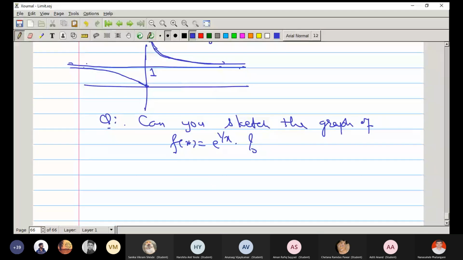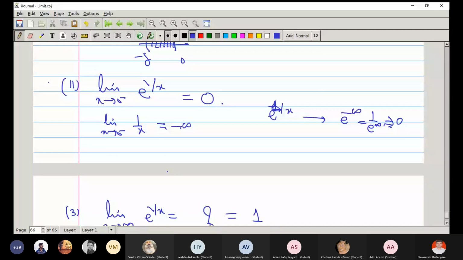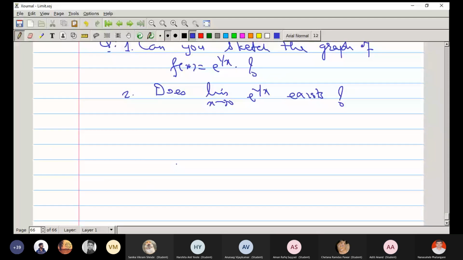Then the question I would like to ask is, does the limit as x tends to 0 of e raised to 1 by x exist? What can you say about the limit at 0? What is the right hand limit and what is the left hand limit at 0? So both are different. The limit as x tends to 0 from the right side of e raised to 1 by x is infinity, and the limit as x tends to 0 from the left side is 0.